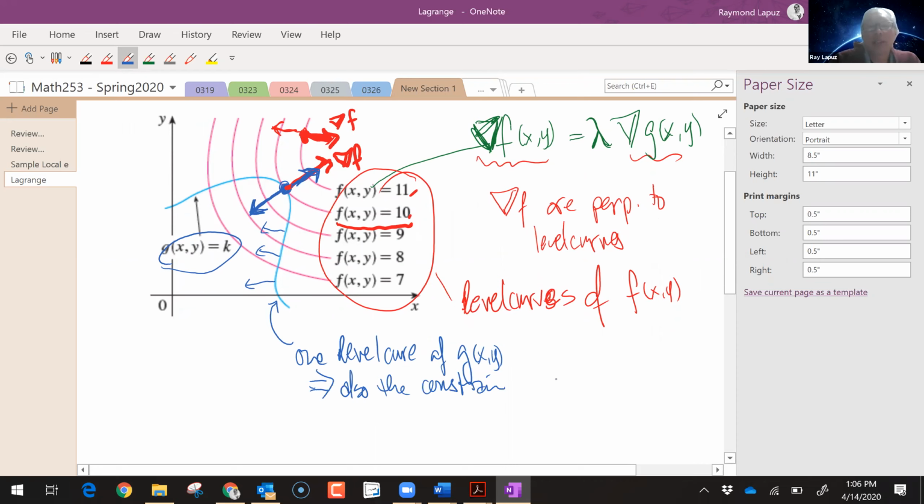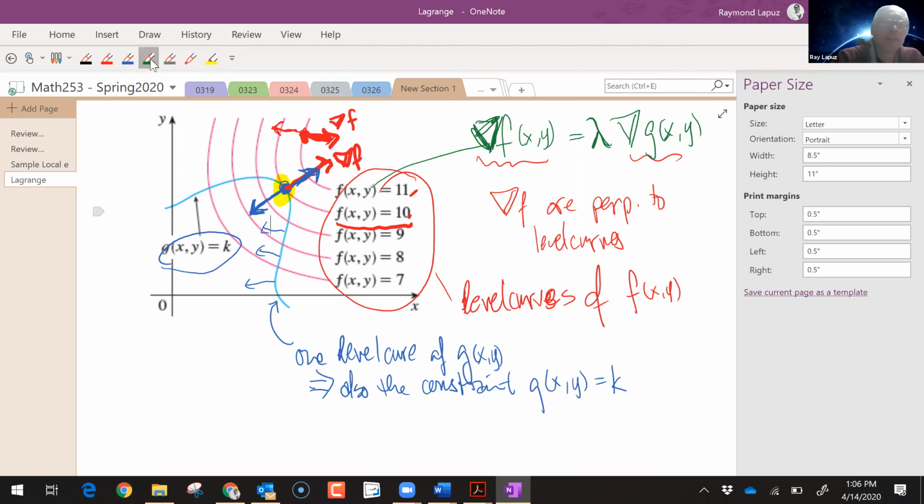And then by the constraint, g of x y is equal to some constant. You can find the absolute maximum or minimum by looking at the place where they don't just intersect, but they look like they are tangent to each other.